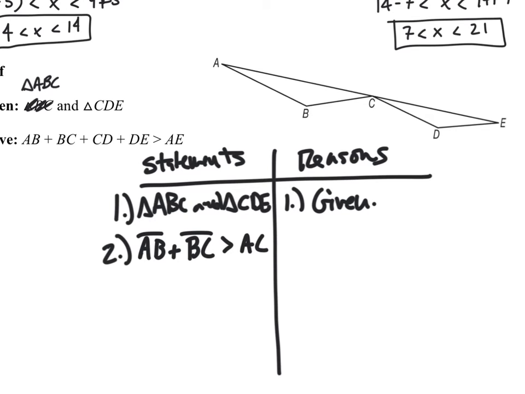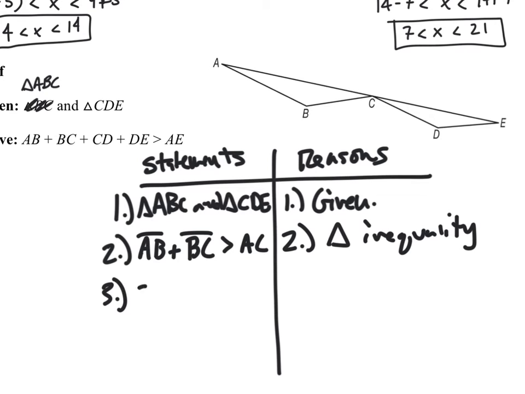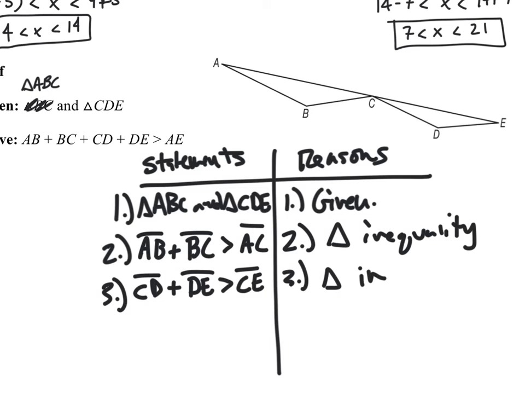And that's just your triangle inequality, okay? Then I also know, for the same reason, that segment CD, if I take CD and add it to segment DE, then that is going to be strictly larger than segment CE, okay? And again, the reason for that is the triangle inequality.